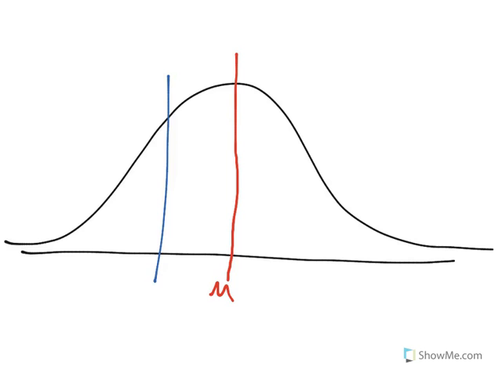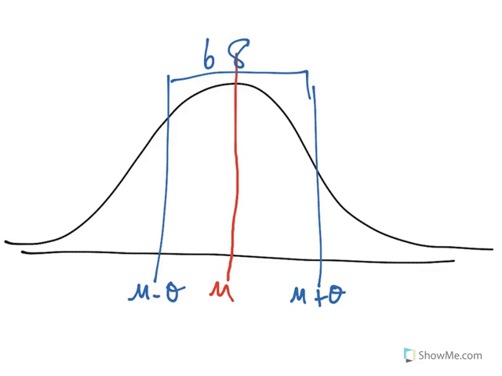So if I go 1 standard deviation each way, to the right I would add a standard deviation, and to the left I would subtract a standard deviation. So between the two blue lines is 68%. Well, this is all symmetrical. So if it's 68% total divided into 2 chunks, if I divide that by 2, I've got 34% in each chunk. Okay, that usually makes sense to people because that's kind of standard.